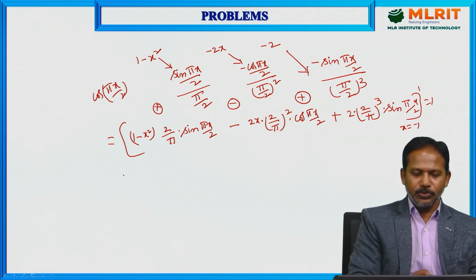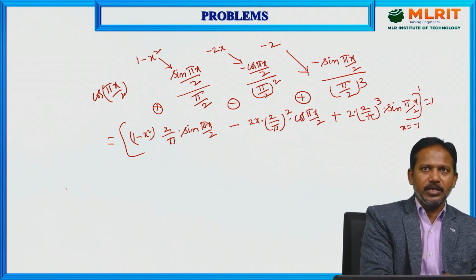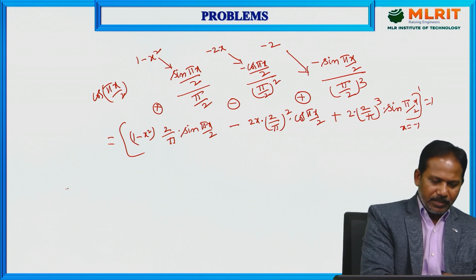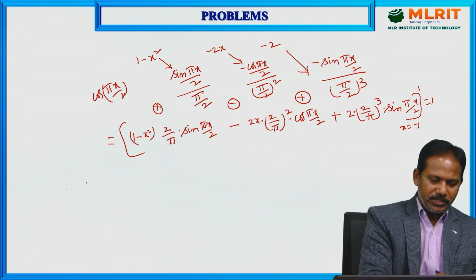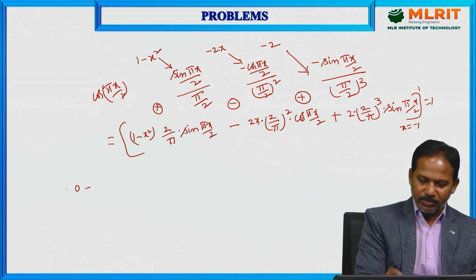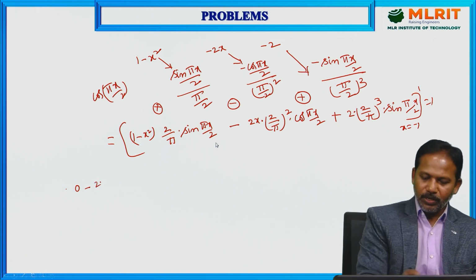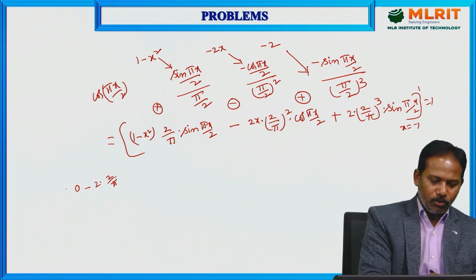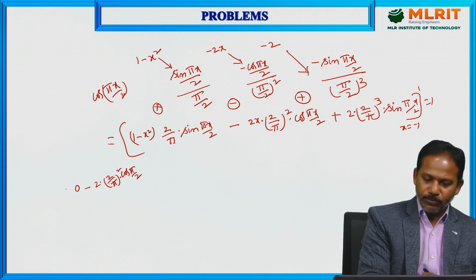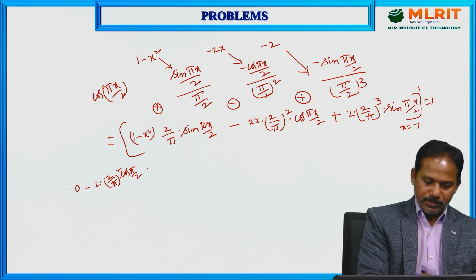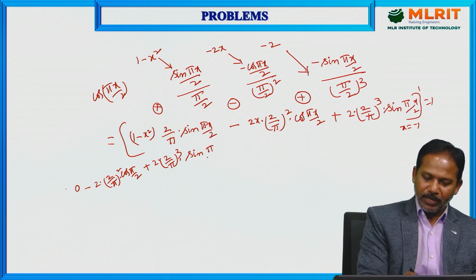Now I need to substitute the values. Substituting the upper limit: 1 minus 1 is 0, so 0 into something is 0. Next, minus 2 into 1 into (2 by pi) whole square into cos(pi by 2), plus 2 into (2 by pi) whole cube into sin(pi by 2).